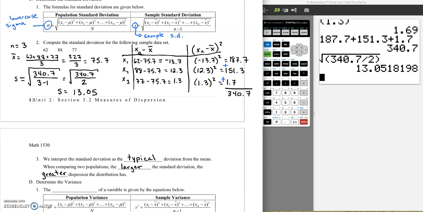And that's also true for samples. So the larger the standard deviation, the greater the dispersion. Okay, we'll talk about variance in the next video. Remember, don't panic about that standard deviation. We are never going to do it by hand again. We will be using the calculator, and I'll show you how to do that in a couple more videos.